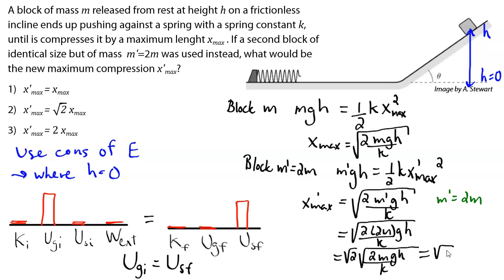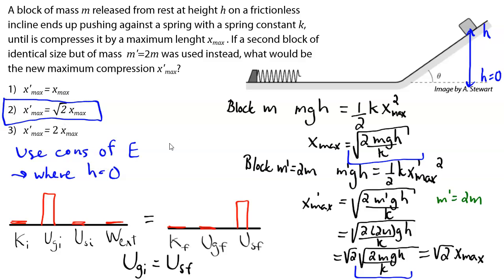So what we get is the square root of 2 times x max. In the end, by using the fact that this expression is exactly the same as what we found here, we can replace it by x max, and we find that x max prime is equal to the square root of 2 times x max.